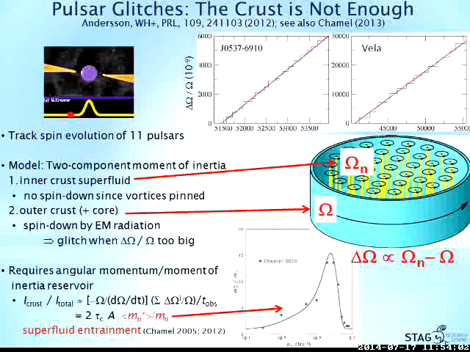But what recent work by Nico has shown is that it's actually very hard to drag, by entrainment, to move this superfluid.